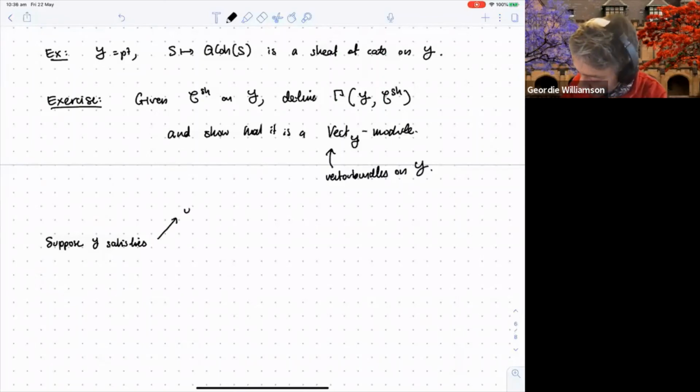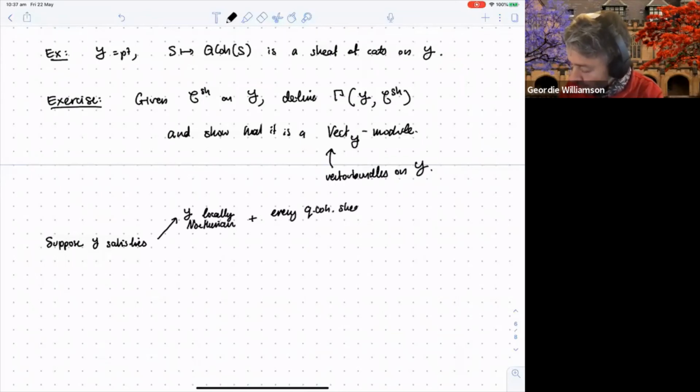So Y should be locally Noetherian, plus every quasi-coherent sheaf is a limit of coherent sheaves.